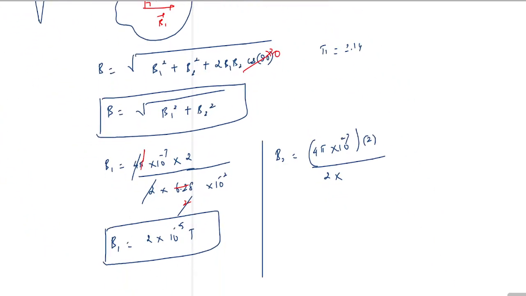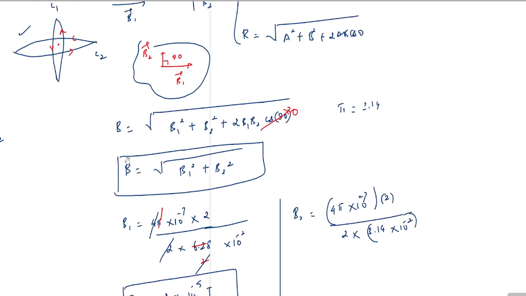So that will be 3.14 into 10 power minus 2. Keep in mind that the diagram is not representing the radiuses, because here both look similar, but in exam try to draw the diagram as per the radius given, or if you can't, it's fine, at least draw a basic diagram as given here.